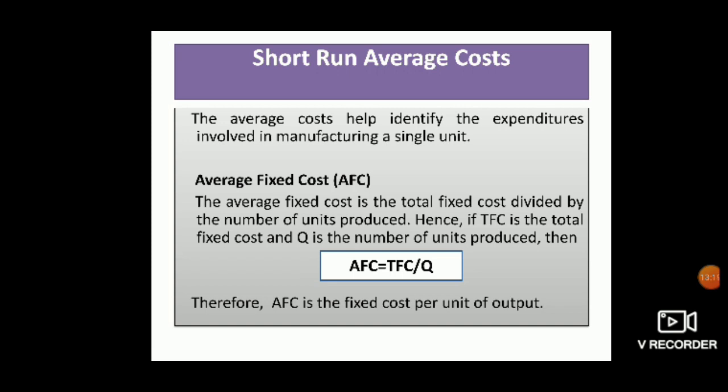Okay. I will take an example to understand this concept. Like a firm is producing with total fixed cost of 2000 rupees. When output is 100 units, average fixed cost is 2000 upon 100, that means 20 rupees.